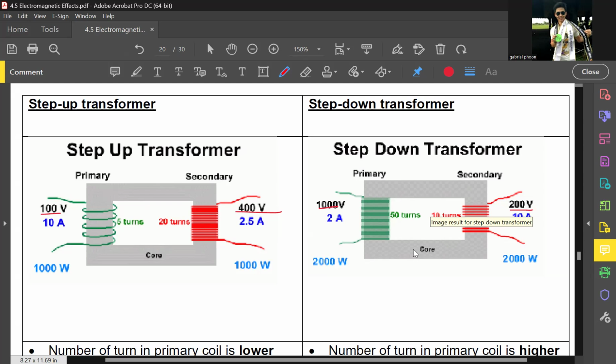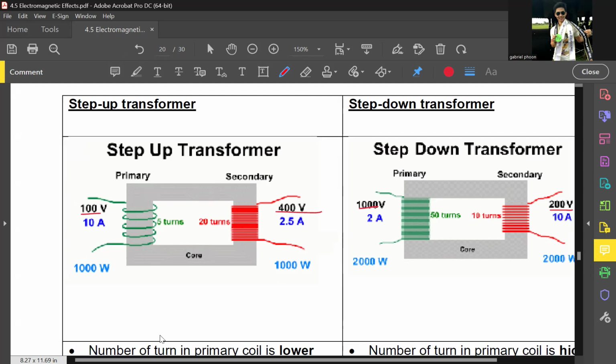Okay, so let's look at a step-up transformer again. I want you to pay attention to the number of turns here, which once again works on the concept of cutting of the magnetic field. Let's say instead of 100 turns, I only have 10 turns.